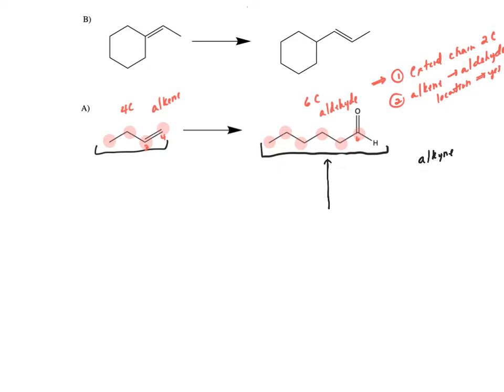So we have 1, 2, 3, 4, 5, 6. Actually, if we go back here, we have 1, 2, 3, 4, 5, and then 6. So again, make sure you count your carbons. If we take an alkyne and hydrate it in an anti-Markovnikov fashion, the first thing that is produced is an enol, but that tautomerizes into an aldehyde.